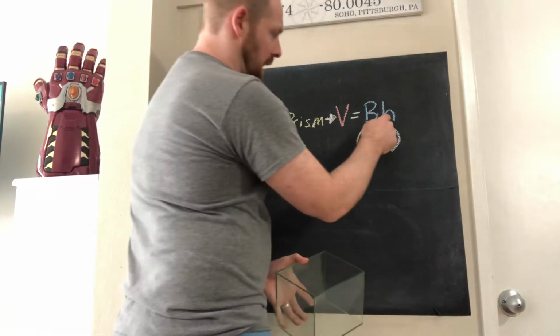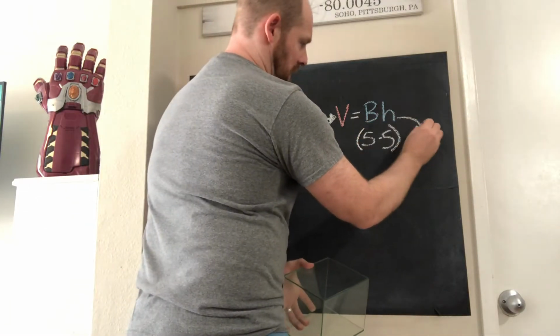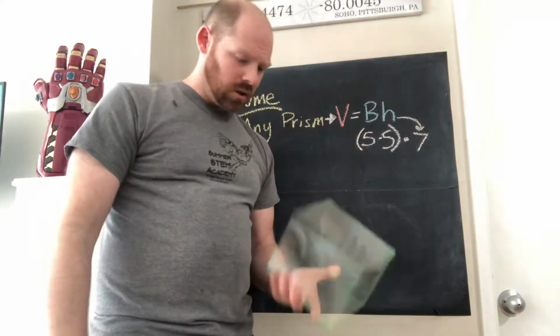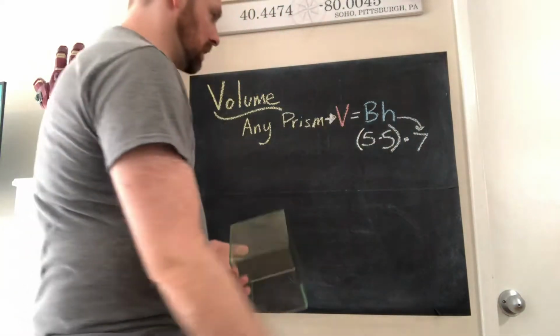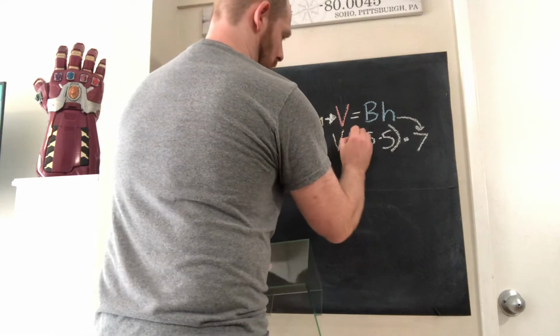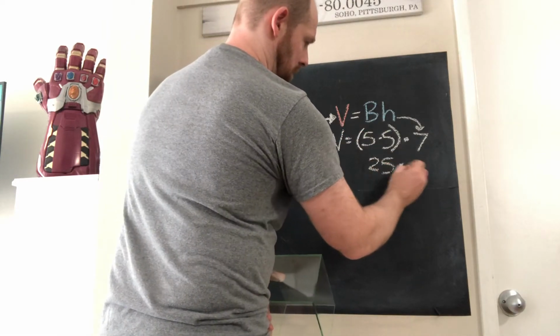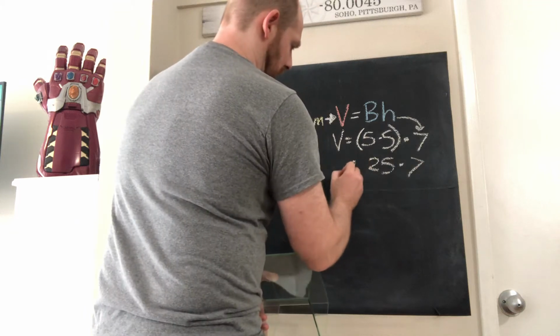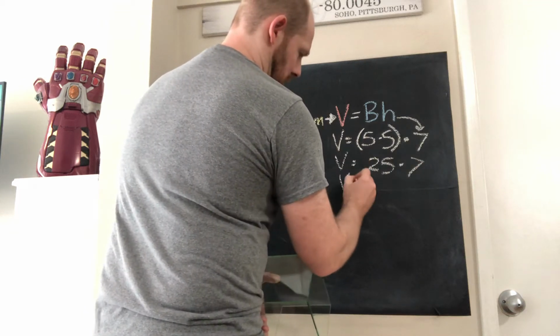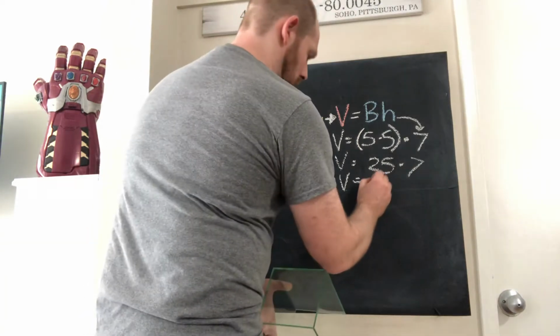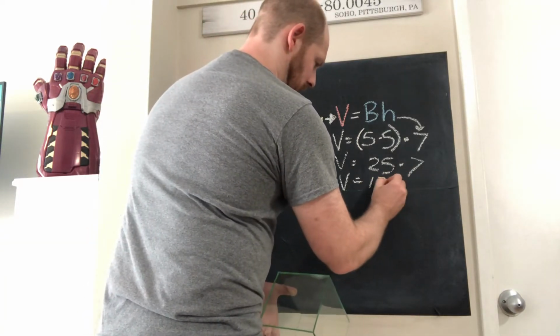And then this height is actually 7. So all I'm going to do is multiply this out, and I'll find the volume of this shape. 5 times 5 is 25. And then 25 times 7 is 175.